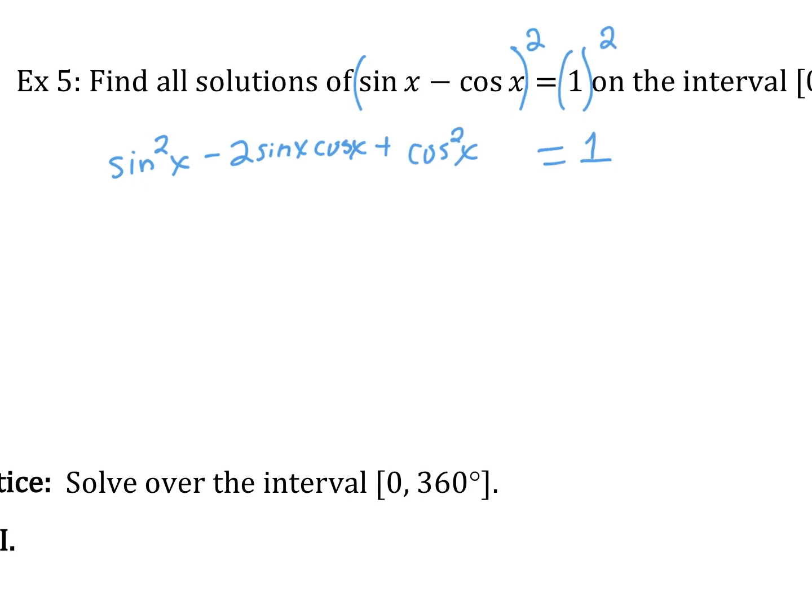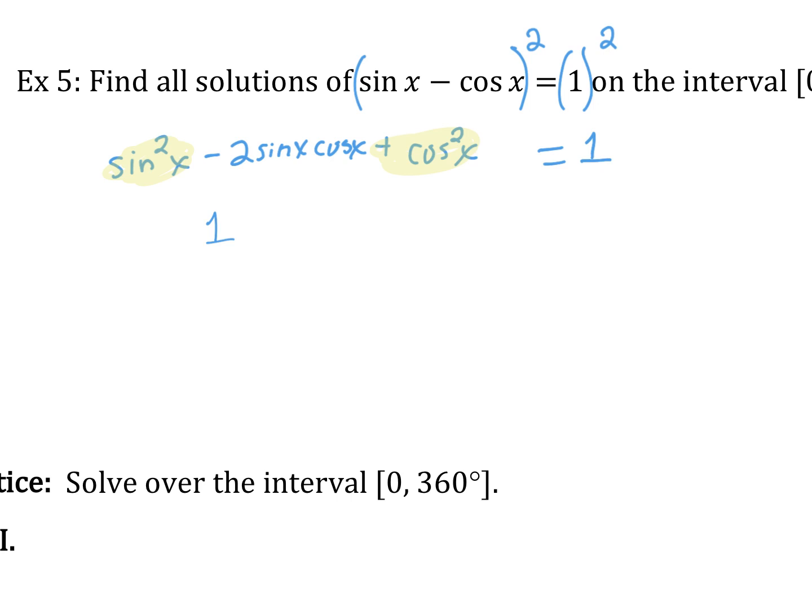Now, why would we have done that squaring there? I saw that it was a single sine and a single cosine, but that when we square it, we get sine squared x plus cosine squared x. And what's that equal to, guys? 1. So that gives us 1.